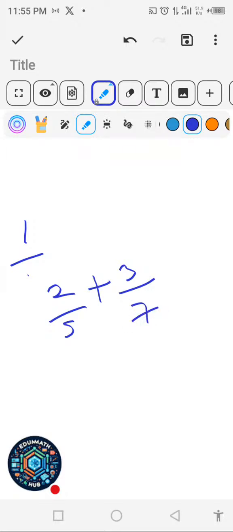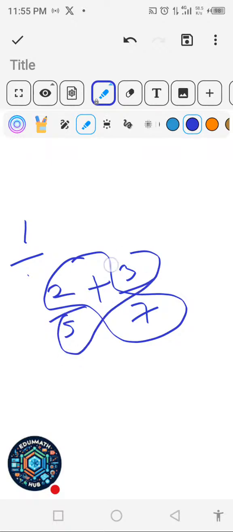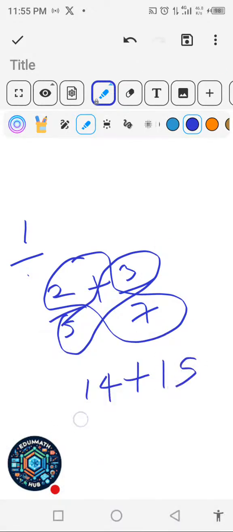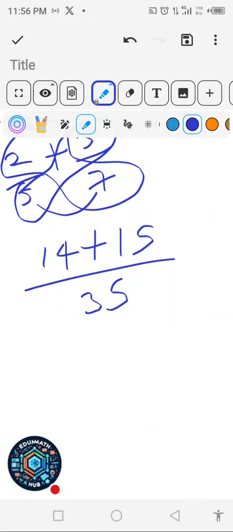You can use the butterfly method, just cross multiply like this. So 7 times 2, that's 14, plus 3 times 5, that's 15. And you just divide it by 5 times 7, that's 35. So at the end of the day, you're going to get 29 over 35.